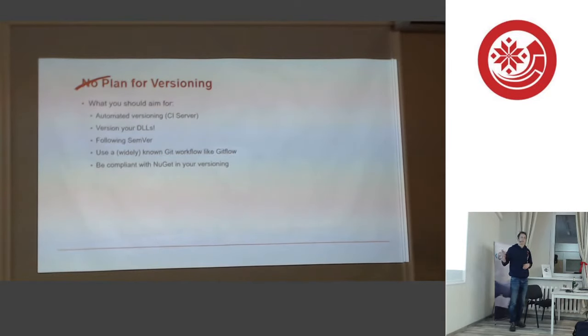So we are sticking to Git flow for most of the projects. Of course, there are other nice Git workflows. So I would just recommend that you use one of the very popular ones, and not your own obscure branch naming that you have to explain to every developer you onboard.